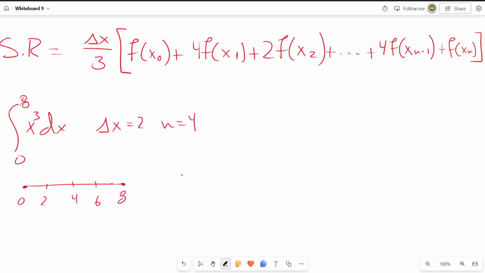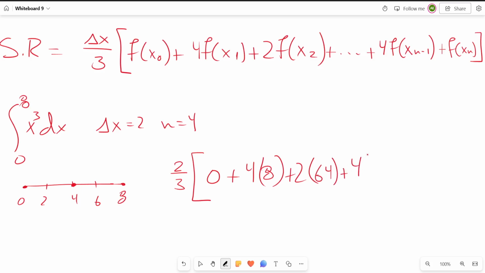So this is going to be delta x over 3, which is 2 over 3, times f of x0, so 0 power 3 is 0, plus 4 times f of x1, the next point, so 2 power 3 is 8, plus 2 times f of 4, so 4 power 3 is 64, plus I will keep alternating.